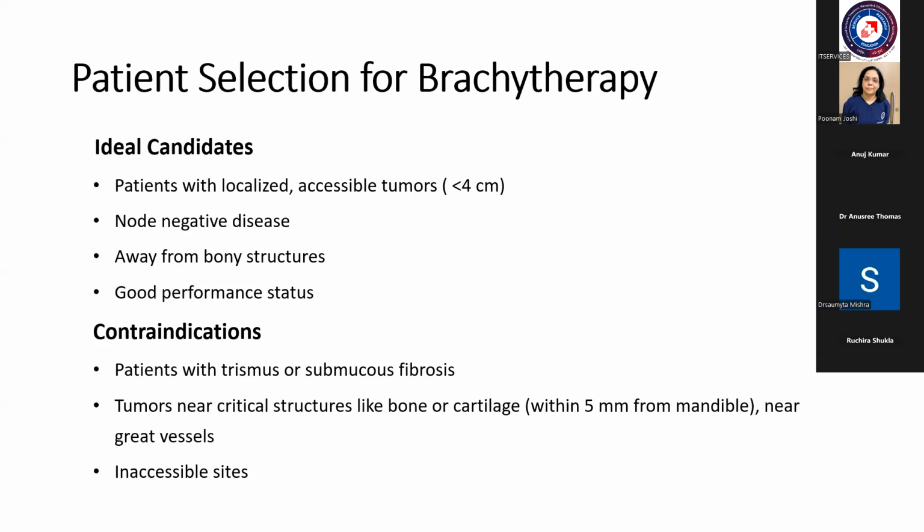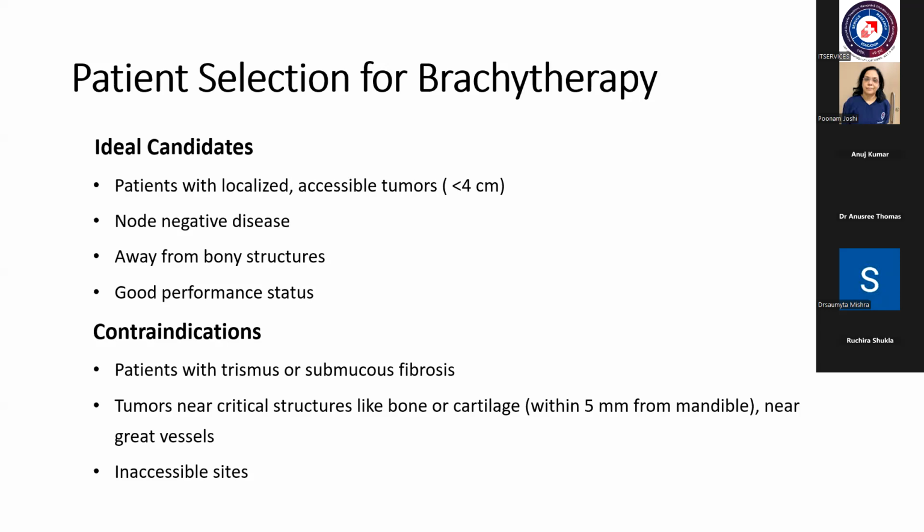Near the great vessels, we should be very careful because it can lead to bleeding and other problems. Even if the lesion is small, if it is not well accessible by brachytherapy, that also becomes a contraindication.